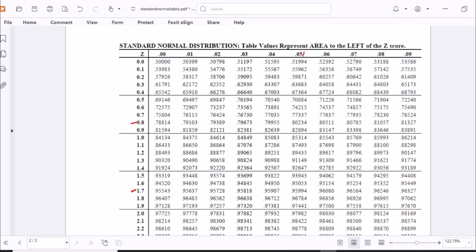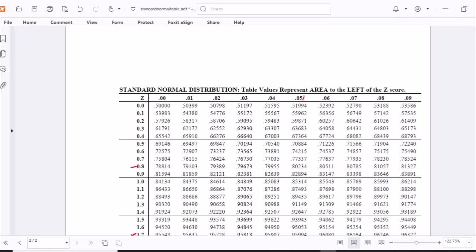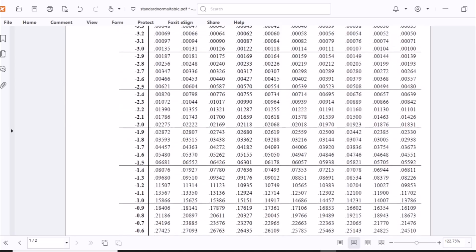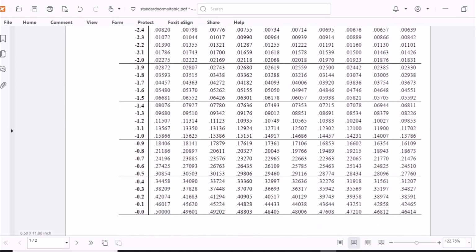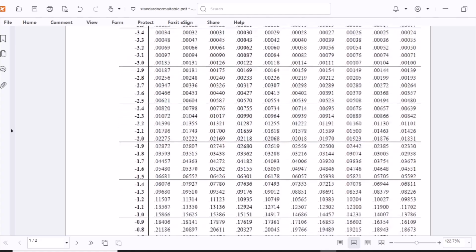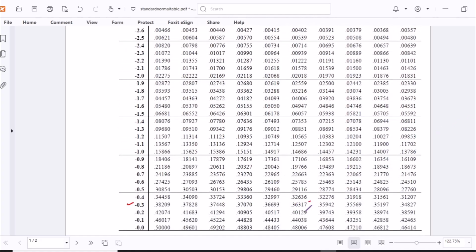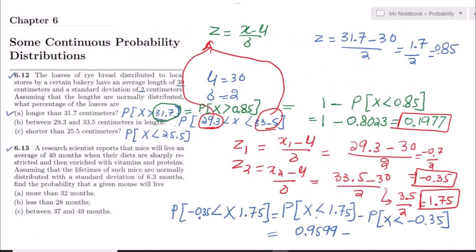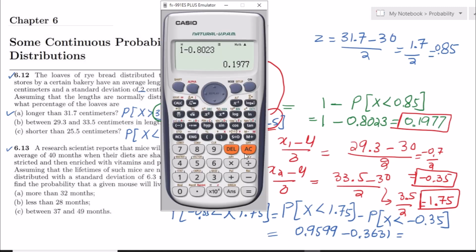Minus 0.3 is here, and this is the fifth column. Let me see, is it the fifth one? Yes. Okay, so 0.3631.